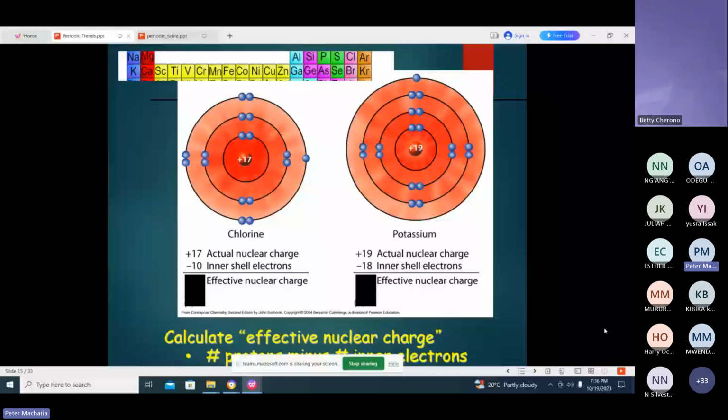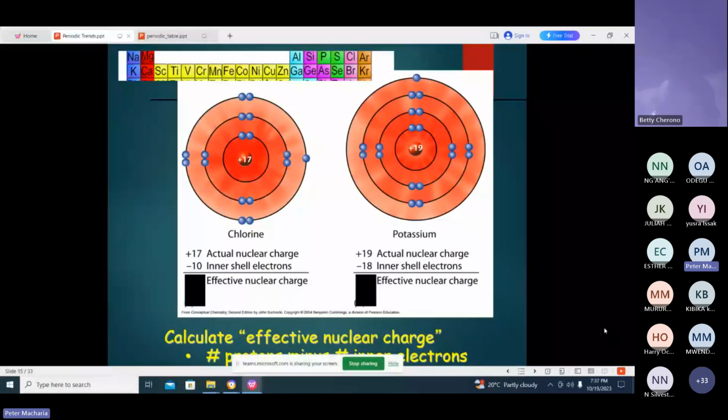So for example, in chlorine, which is atomic number 17, the inner shells of electrons have 10 electrons. While the outer shell has 7 electrons, those 10 electrons shield the outer shell electrons.